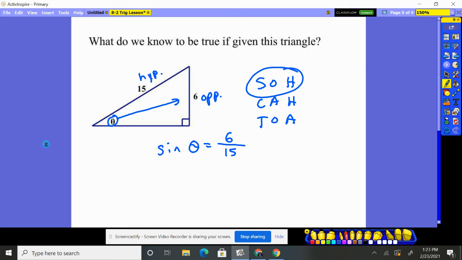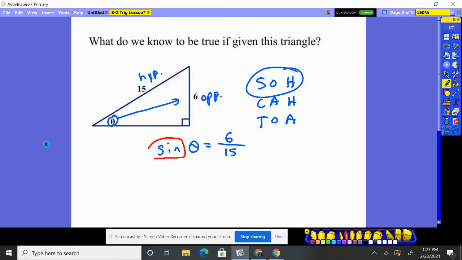Now I could change 6/15 to a decimal and then go searching. Back in my day, that's what we had to do. We had to look in the back of a book and look up the value and find it. And then there the angle is 23.762. But today we have calculators much nicer than what I had. So I need a way of undoing this sine. I want to get rid of it. How can you get rid of it?